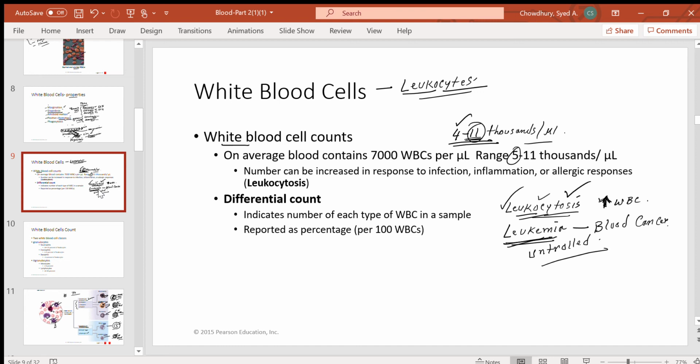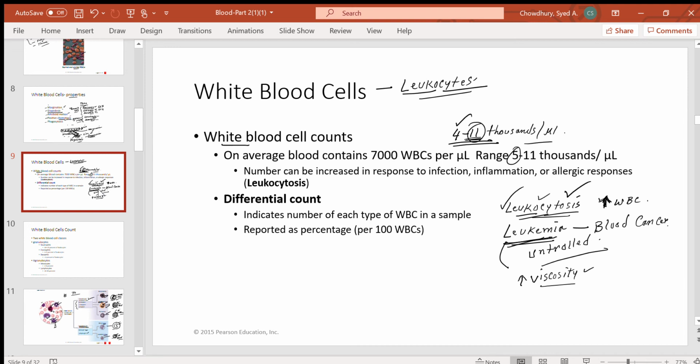So what happens in leukemia, the number of white blood cells in the blood increases a lot, and that huge number of white blood cells will increase the viscosity, the thickness. So the blood will be very thick, and when this blood tries to pass through narrow capillaries, the capillaries will rupture because of the thickness of the blood.